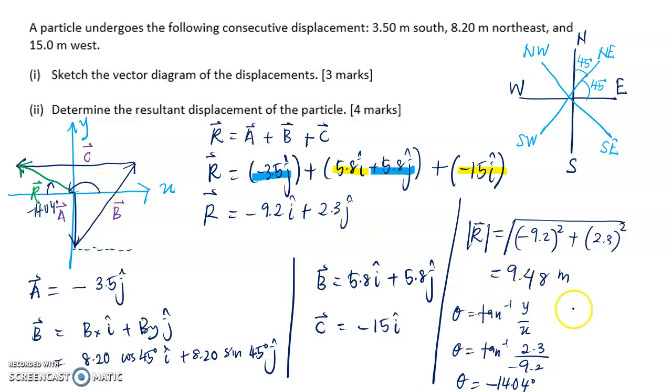So theta should be 180 degrees minus 14.04 degrees, which is equal to 165.96 degrees. So this is the magnitude, and this is the direction in the form of the angle from the positive x-axis.